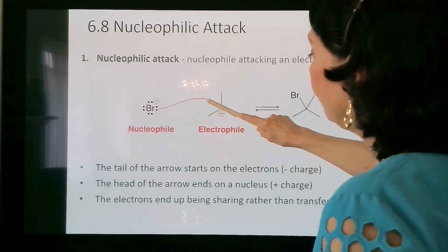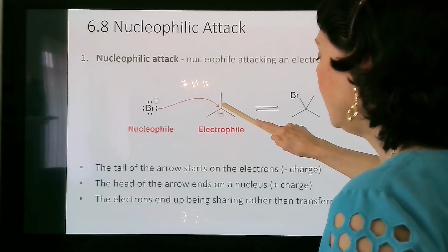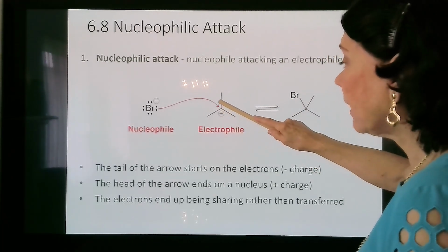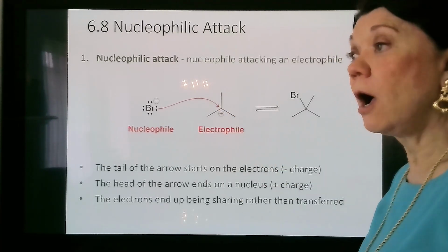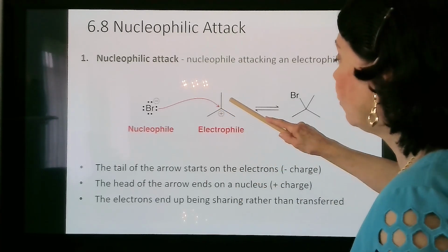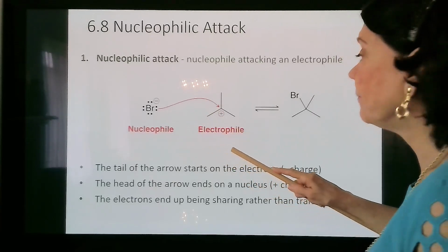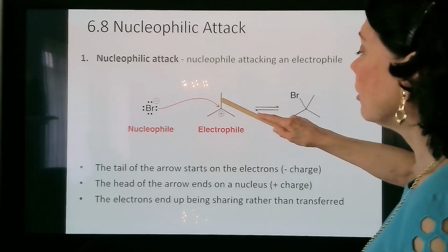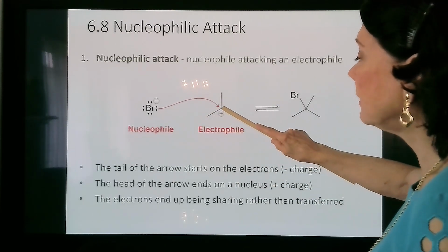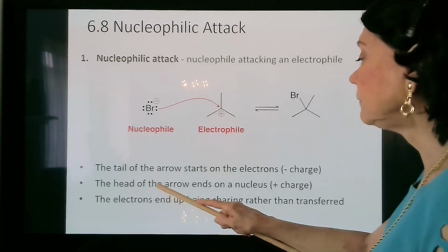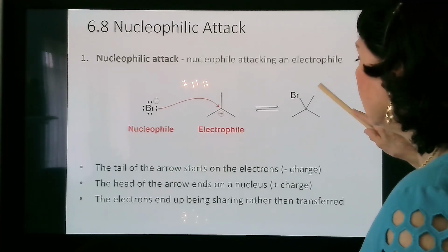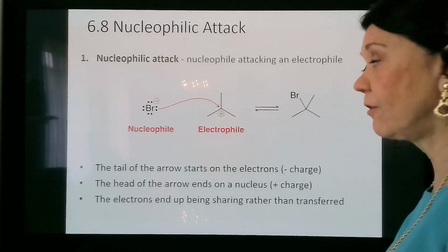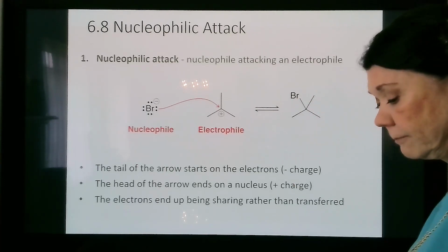It shows the way that bromide would need to move, actually, and the head should occupy the antibonding orbital, or the empty orbital. Antibonding orbitals are always empty. So the pair of electrons occupies this empty orbital that is residing right there on carbon. The electrons are shared. They form a new bond, and the electrons aren't actually transferred. You have a new bond formed here.